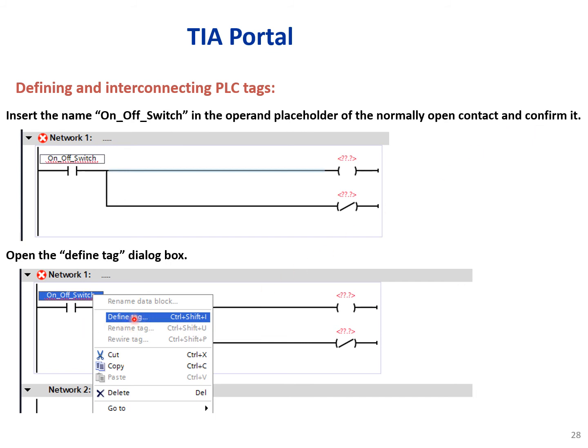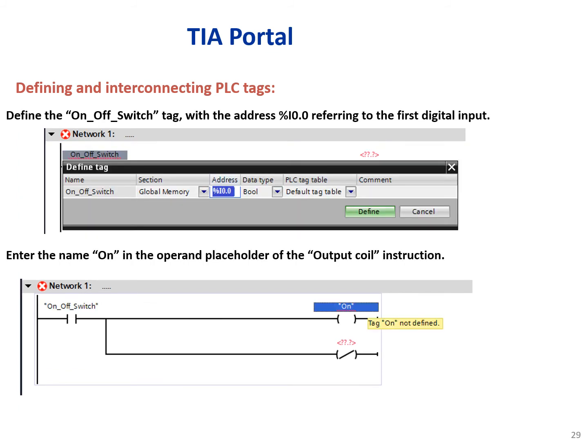Then right click and define tag. Now in the tag table, you could choose the address, the data type, and whether that is a global memory or local memory. For now, leave every address as a global memory.